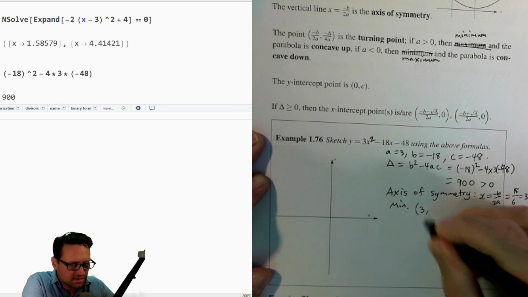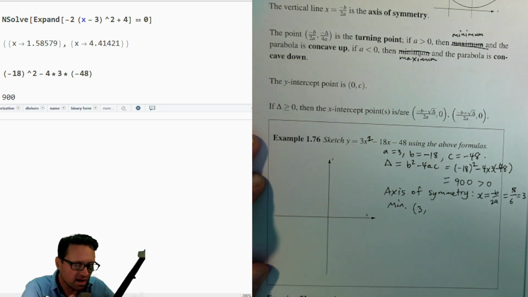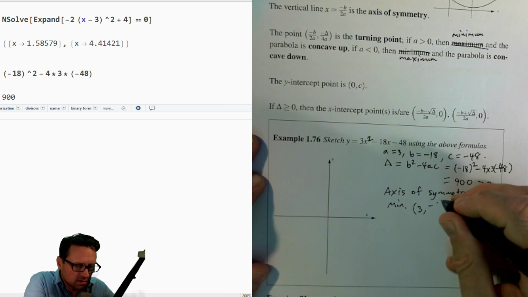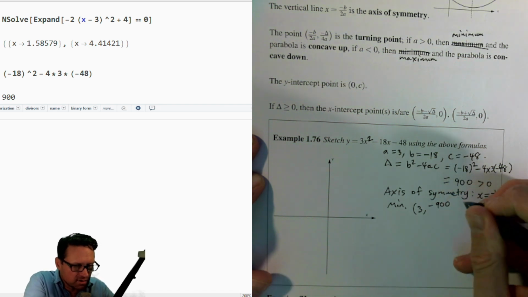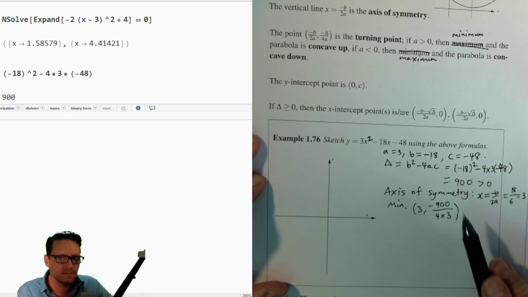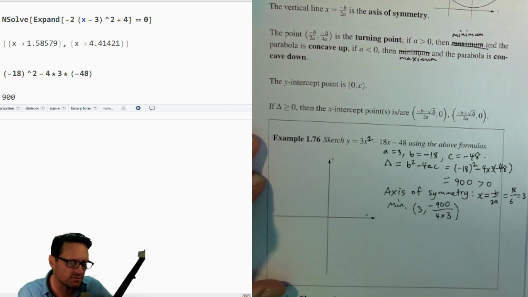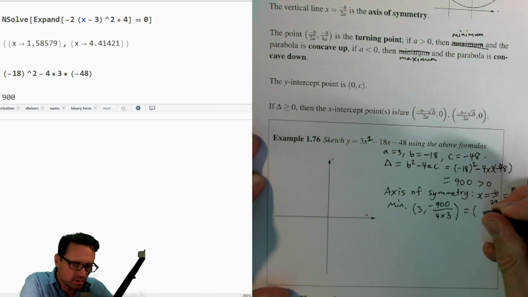We have x is 3, which occurs on the axis of symmetry, and then the y value is minus delta over 4a, which is minus 900 over 4 times 3. Let's simplify this. 900 divided by 3 is 300, and 300 divided by 4 is 75. We have the minimum point 3 comma minus 75.